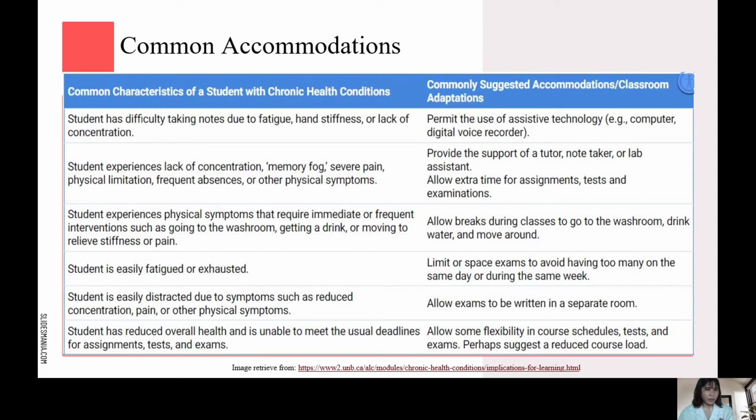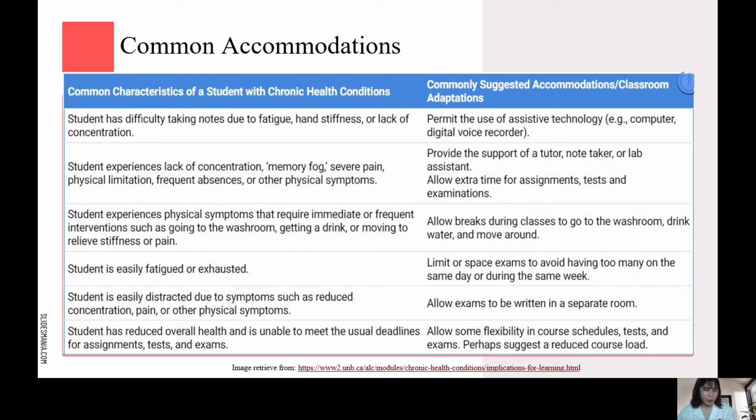A student has difficulty taking notes due to finger and hand stiffness and lack of concentration, because they are experiencing, for example, nervousness. The commonly suggested accommodation in classroom adaptation is to permit the use of assistive technology like a computer or digital voice recorder.